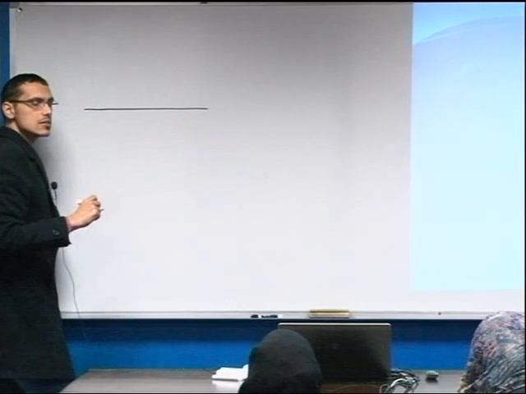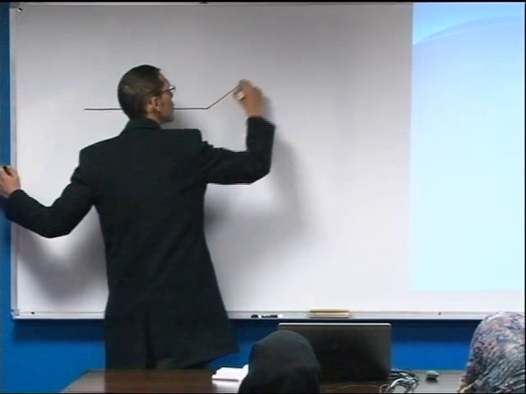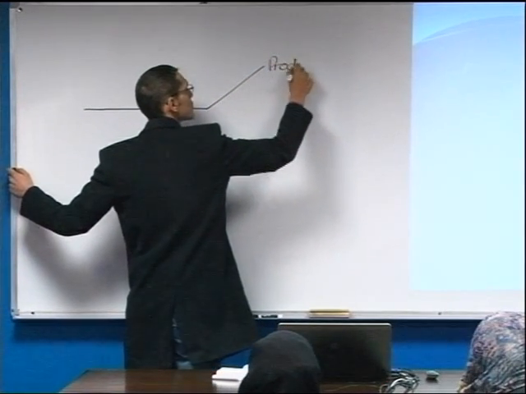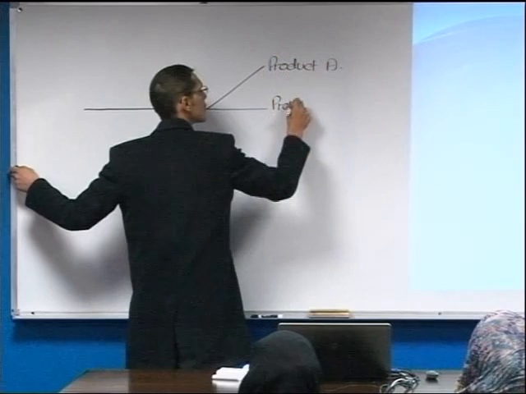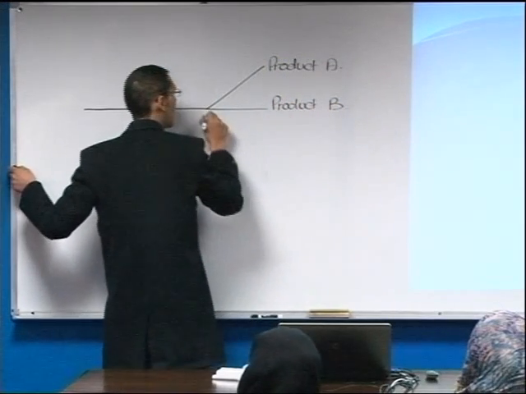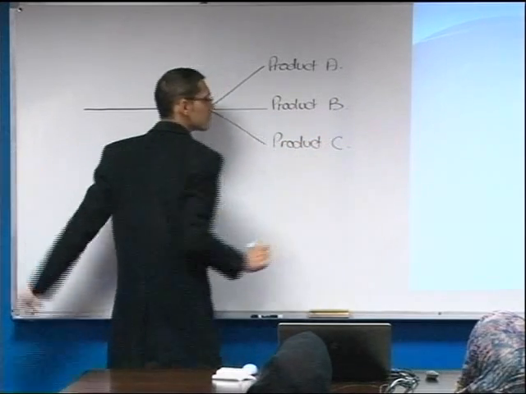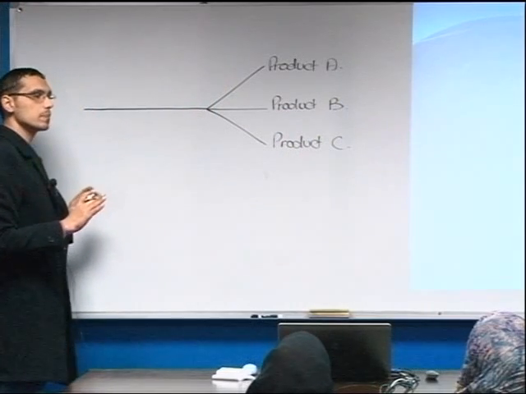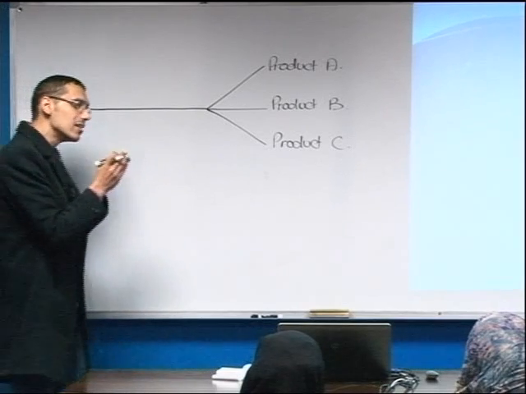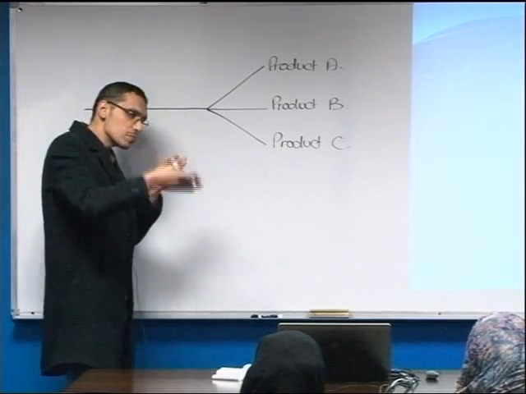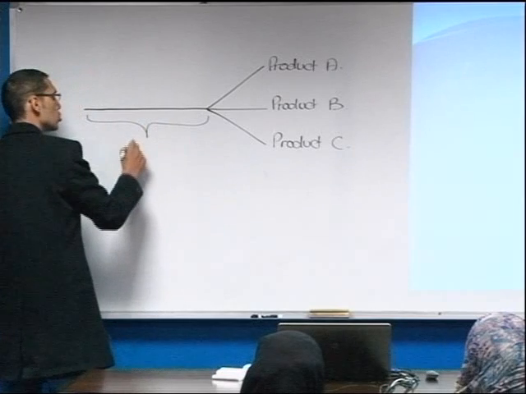This production process yields three different products, let us say product A, product B, and product C. Of course, all the costs of the process until we reach the split-off point are called joint costs.